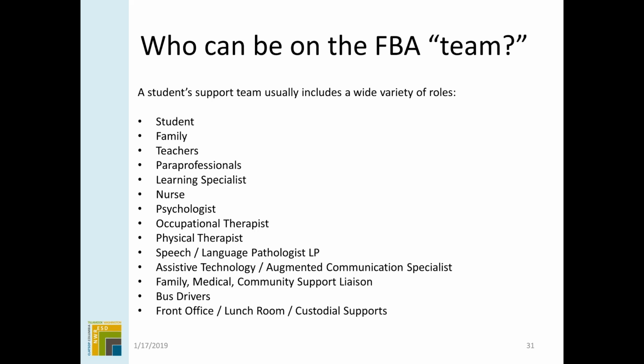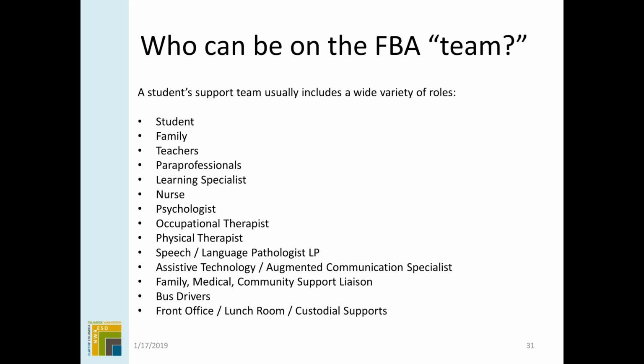We have all the specialists. Nurses are a really important part of the team for a student with a brain injury. Often they bring that medical perspective and understanding that is super valuable. Got special educators, any support, community liaisons, if we can bring them to the table or interview them.